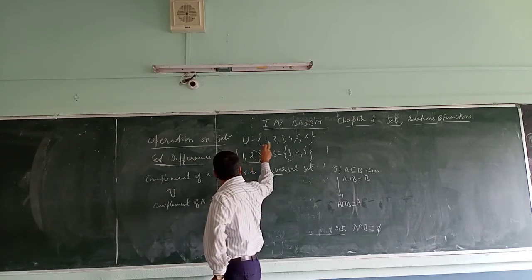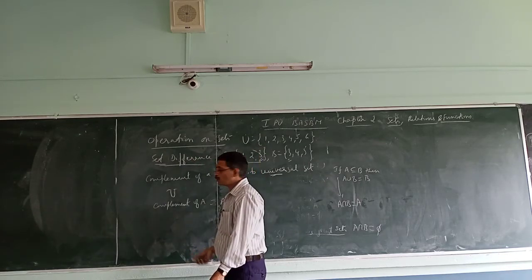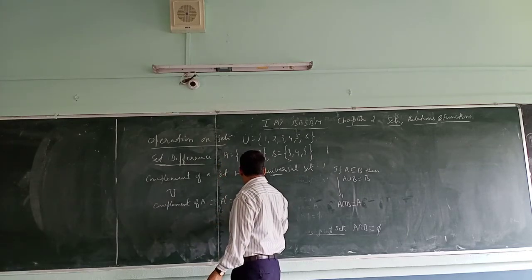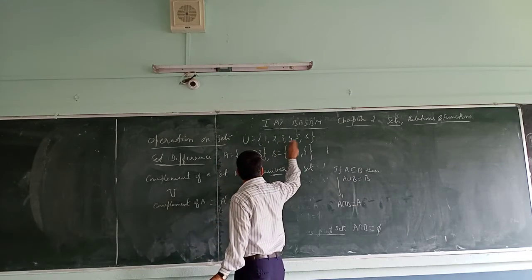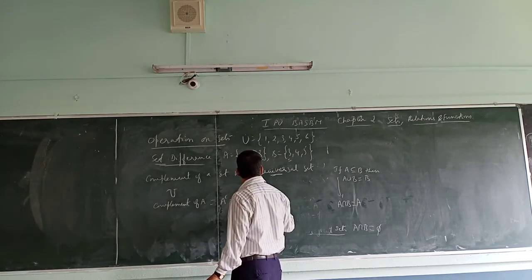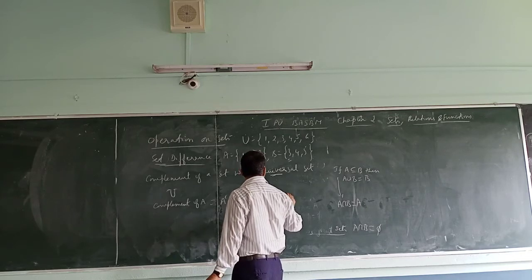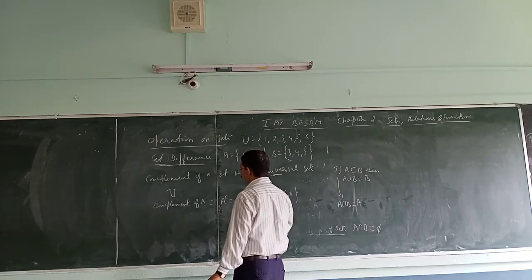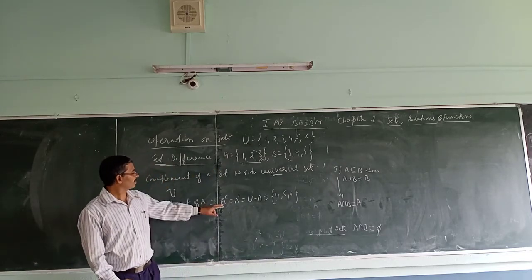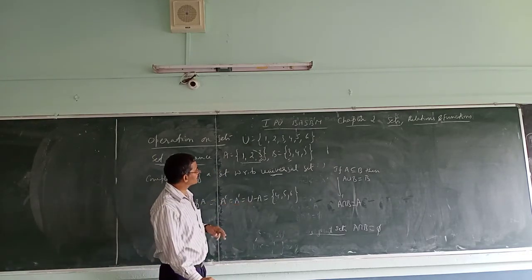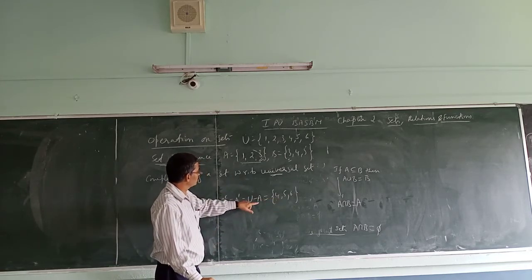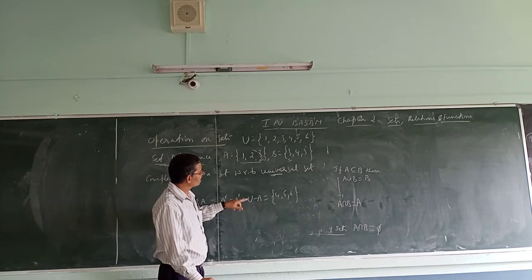So remove the elements of A from U. It is also written as U minus A. So U is 1, 2, 3, 4, 5, 6. If you remove A's elements, you will get 4, 5, 6. So complement of A, written as A complement or A dash, equal to U minus A, is 4, 5, 6 in this example.